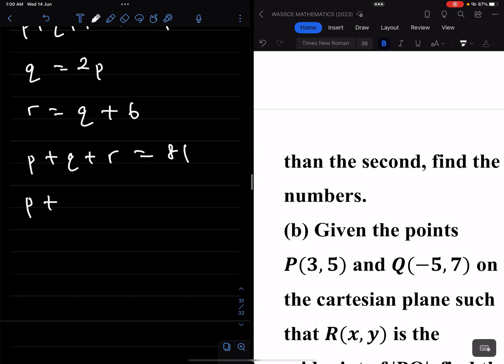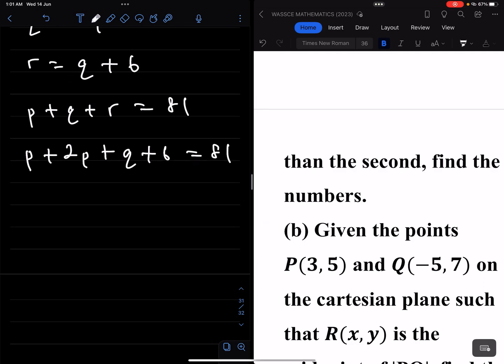That means P plus, I know that Q is 2P, so that's what I'm going to write, plus R, which is Q plus 6, equals 81. But Q is 2P, so I'm going to write that as 2P too.